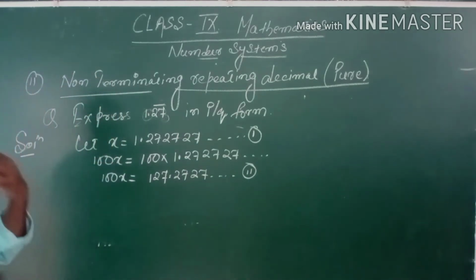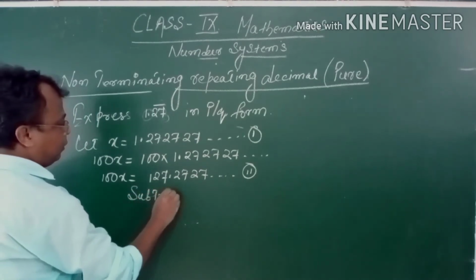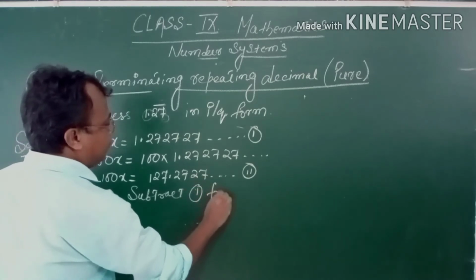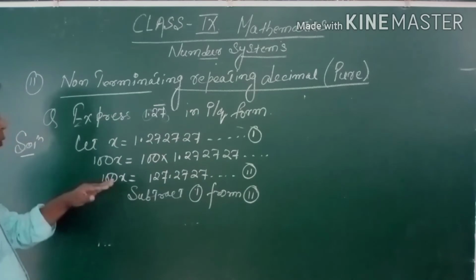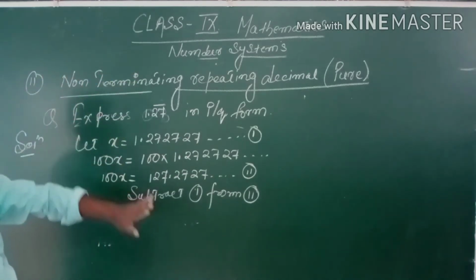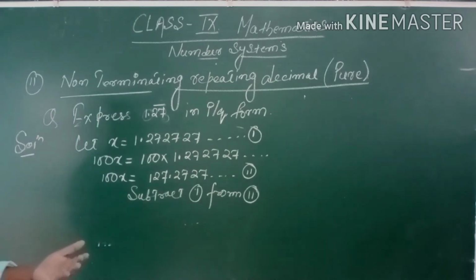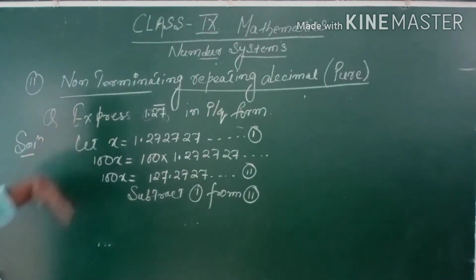Now subtract equation 1 from 2. Means equation 2 minus equation 1. So left side you subtract, and right side you subtract. Okay. So 100x minus x.